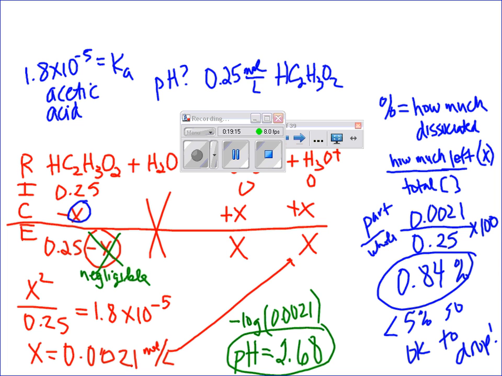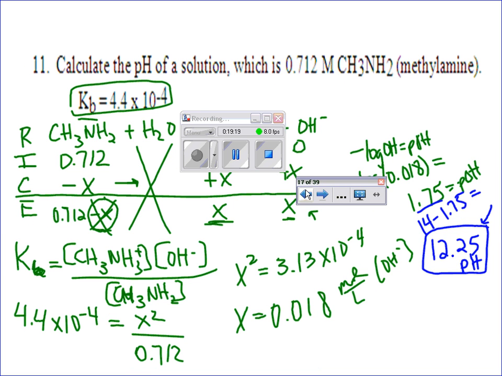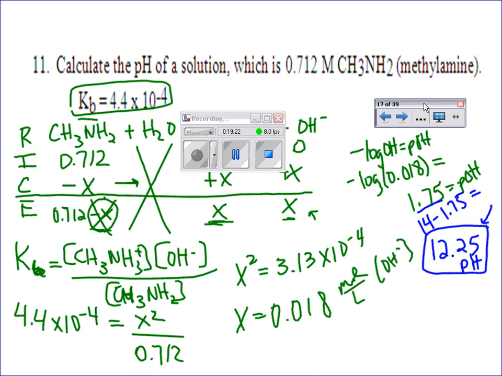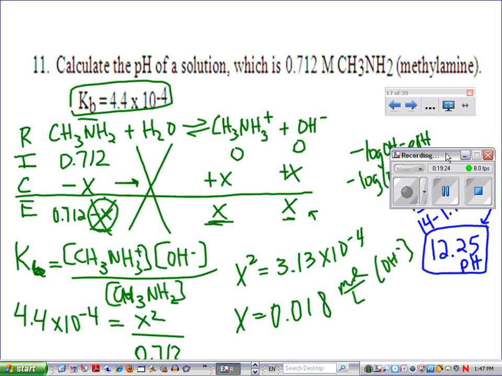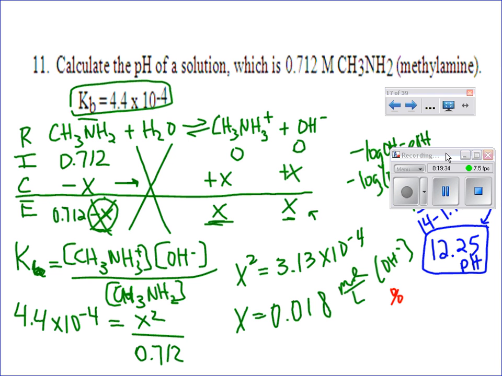So let's go back to that previous problem and do the percent dissociation, because I was a slacker. I didn't do that with you. And I also don't have a whole heck of a lot of room either. So our percent dissociation, again, you have to say this is negligible.